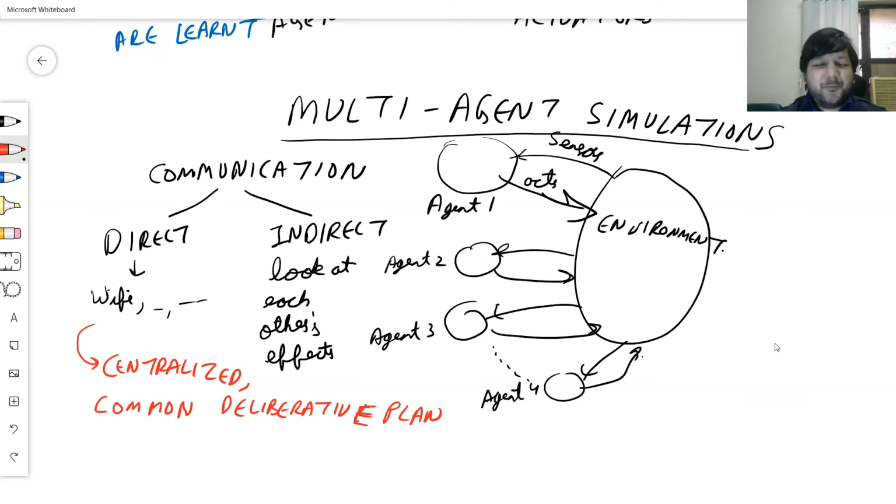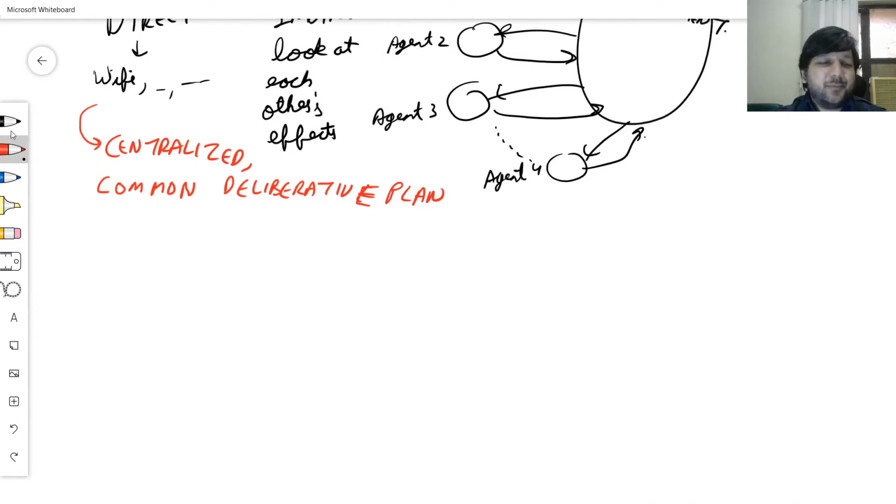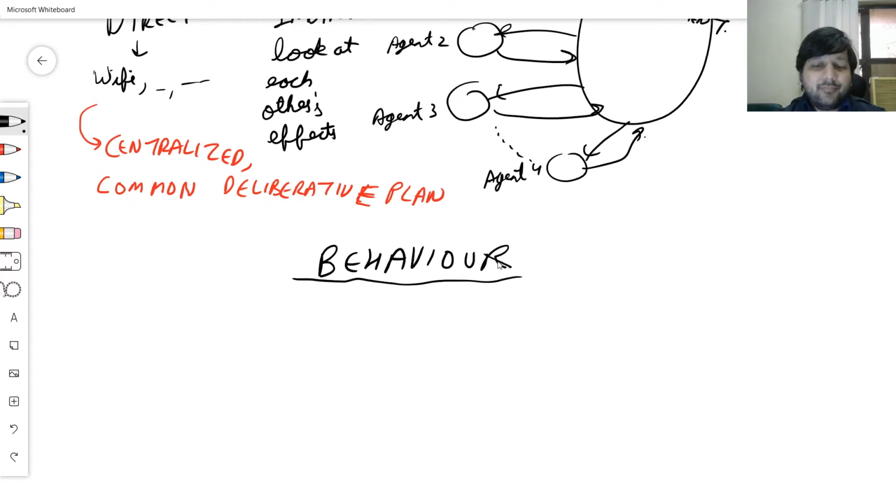Now, another very interesting thing that happens when you talk about simulation is the term behavior. Different people will look at the same situation and react differently.